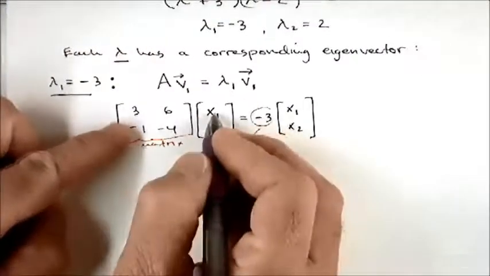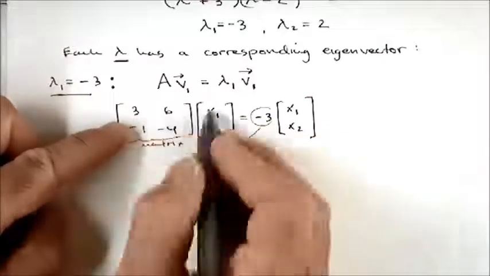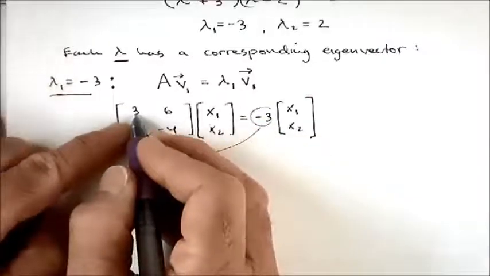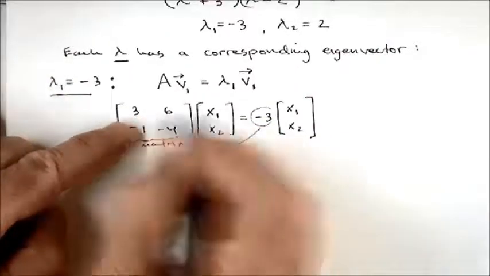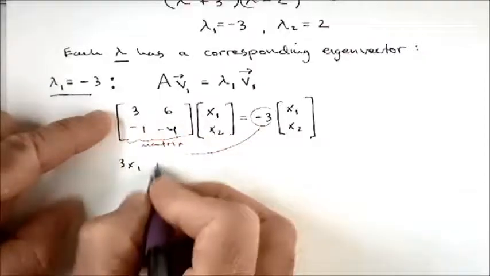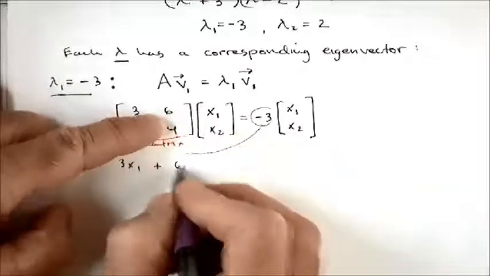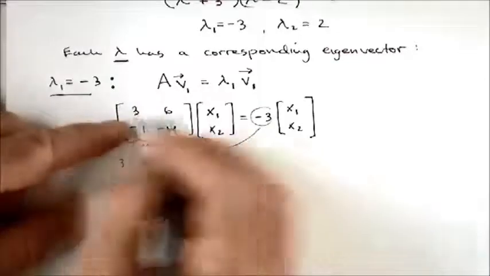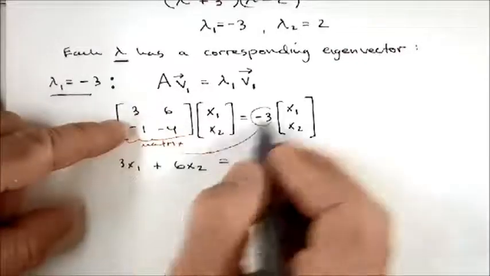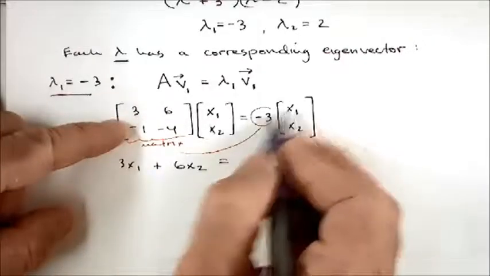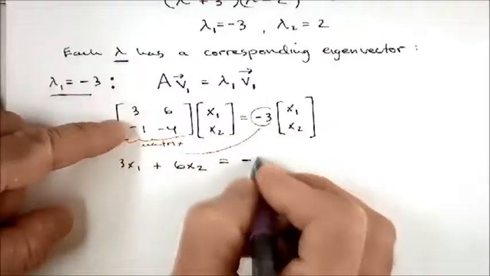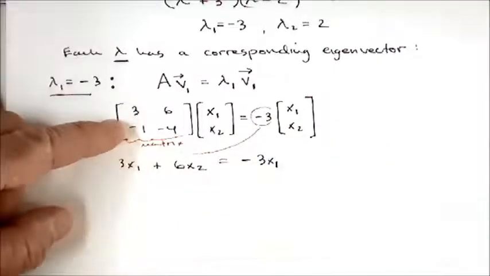Anyhow, to find out what these vectors are, let's just multiply this out. Since this is an equation, the top row, 3x1 plus 6x2, since I multiplied the top row times the column, should equal -3x1.